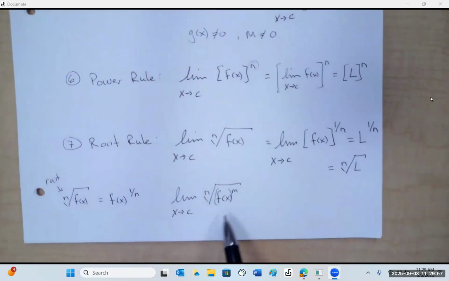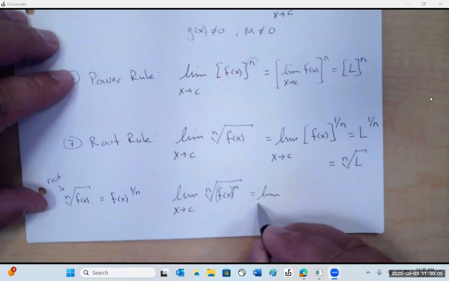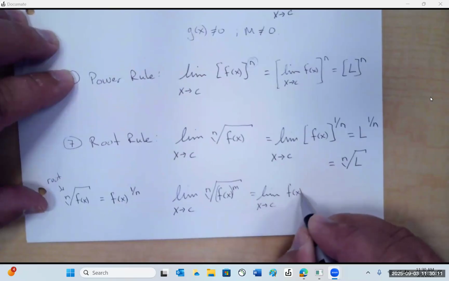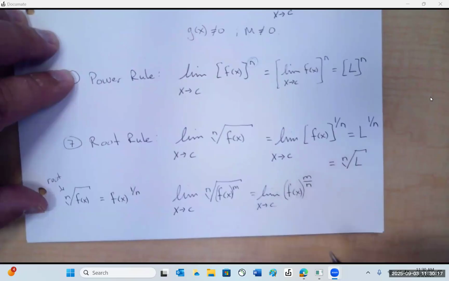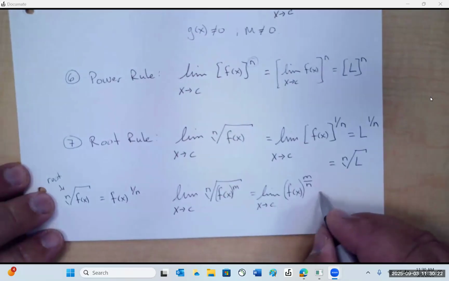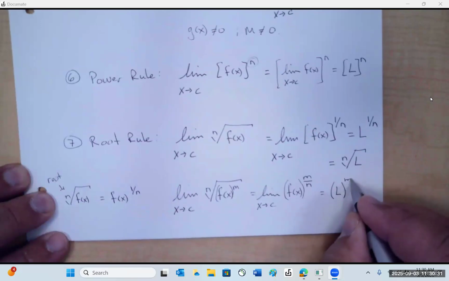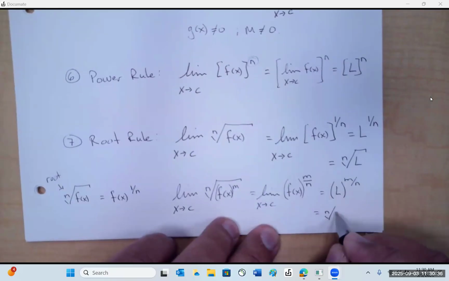If you had the nth root of f(x) to a power m, this can be rewritten as an exponent, which could be taken back down to a radical.